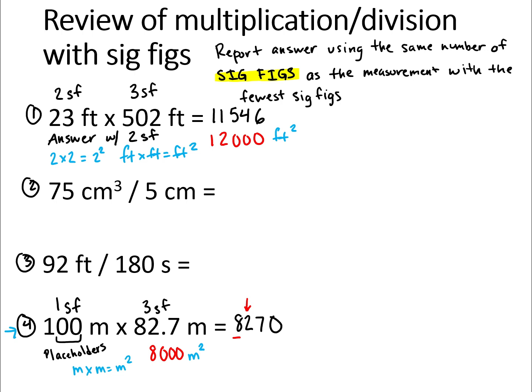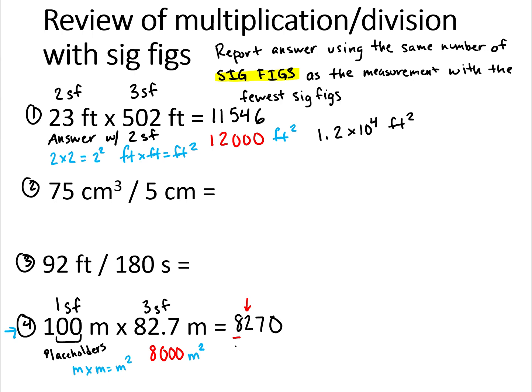The other way that you could write number 1 and number 4, those answers, is to use scientific notation. So for number 1, you can write 1.2 times 10 to the 4th feet squared.